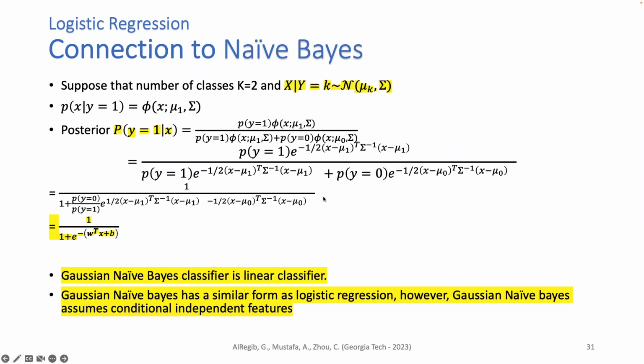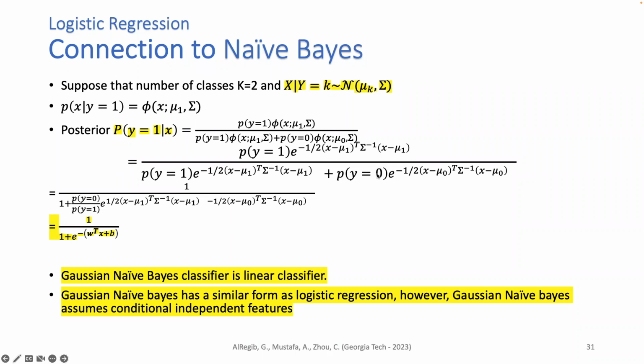This is the probability of y equal to C, or 1 in this case, times my Gaussian distribution, over p of y equal to 1 times a Gaussian distribution, plus p of y equal to 0 times a Gaussian distribution. I can plug in my Gaussian distribution, e to the negative (x minus mu1) over my variance.